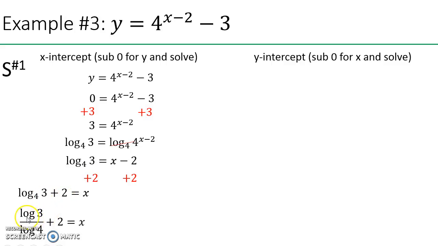So change of base formula, log of 3 divided by log 4 plus 2. Log 3 divided by log 4 gives us 0.79. 0.79 plus 2 is 2.79 or 2.8. So my x-intercept is 2.80.